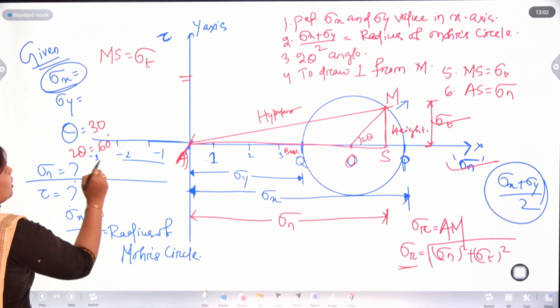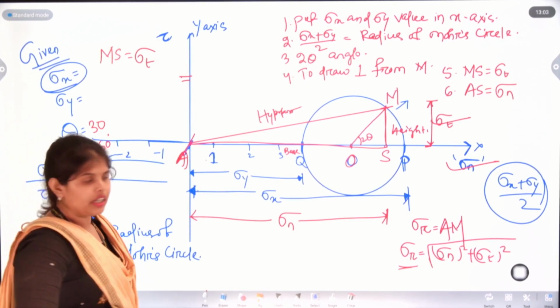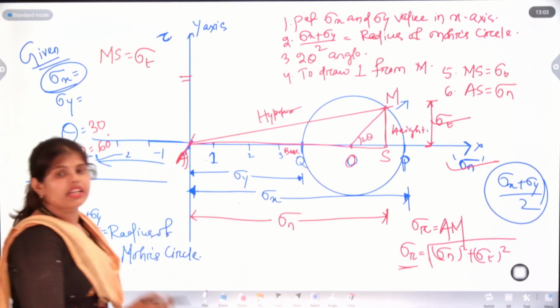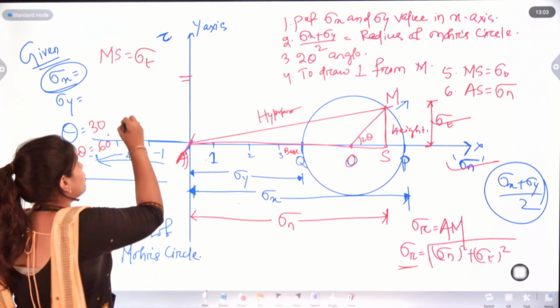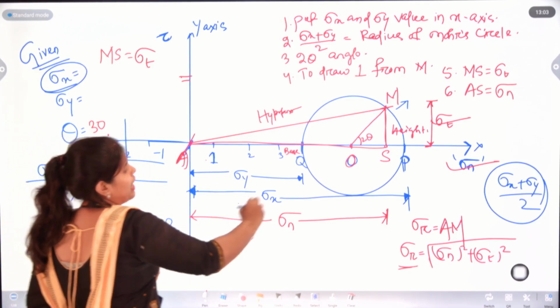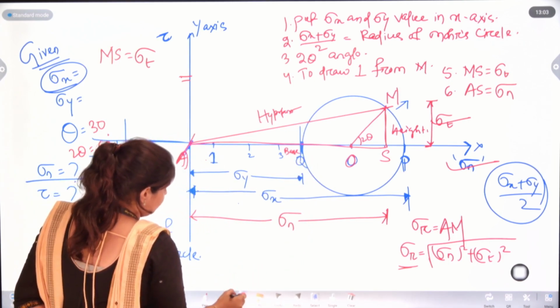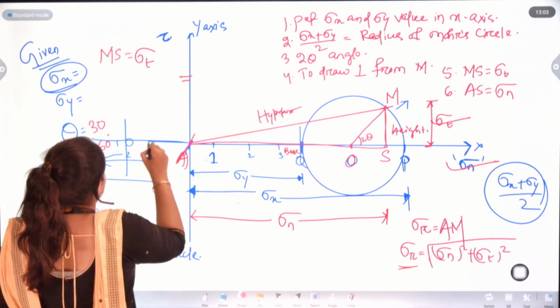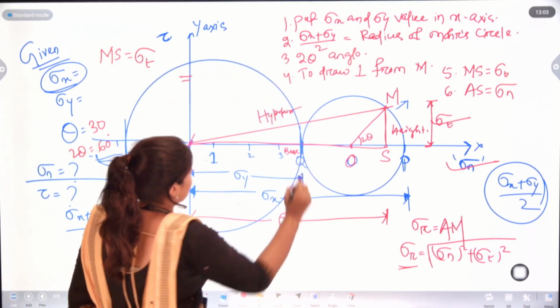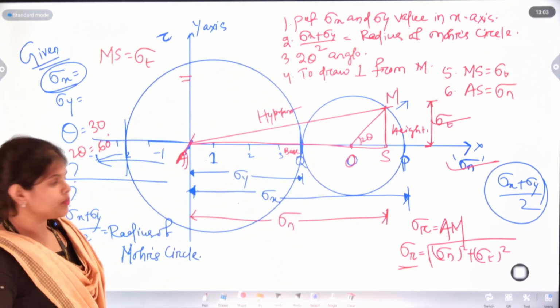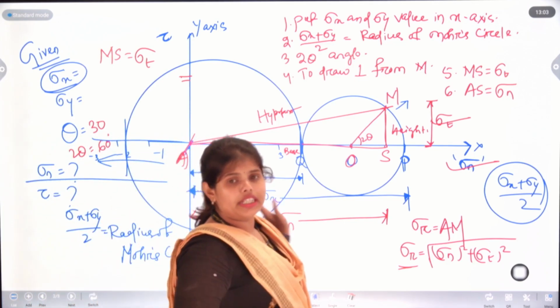Also sigma y we will draw in this direction. If sigma x is positive and sigma y is negative, we will draw sigma y up to this and sigma x up to this, and the diagram will become like this. Okay, and after that there will be no change.